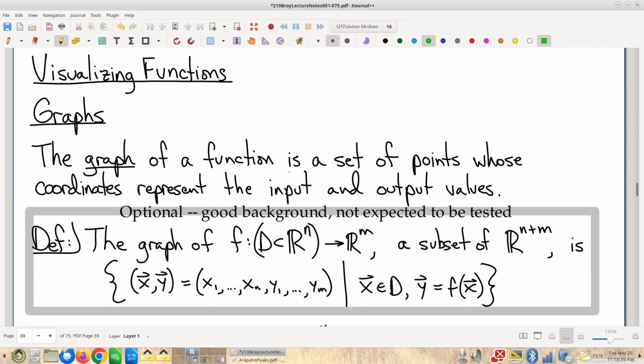Okay. How do you visualize these things? First, let me start off with a little bit of bad news. It's not like in single variable calculus. In single variable calculus, the great majority of pictures that you draw to represent functions are exactly the same kind of picture. They're all this construction called a graph.